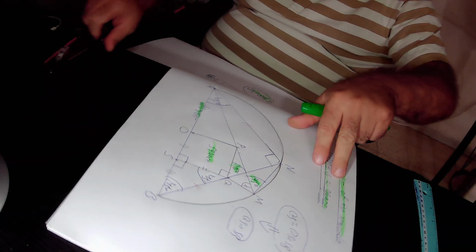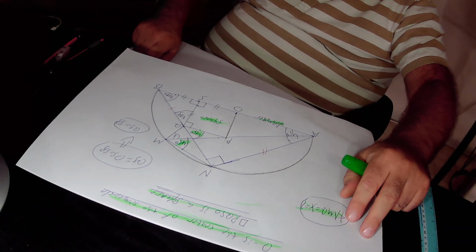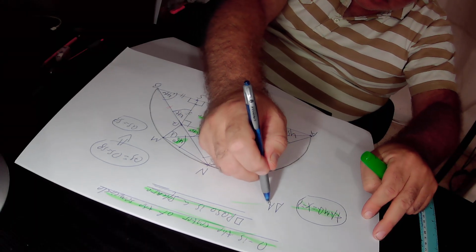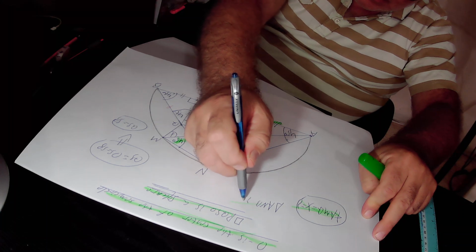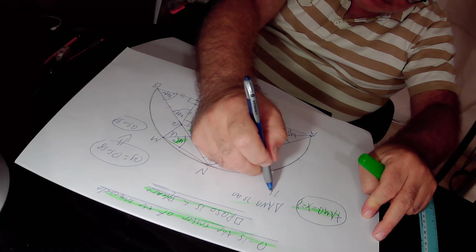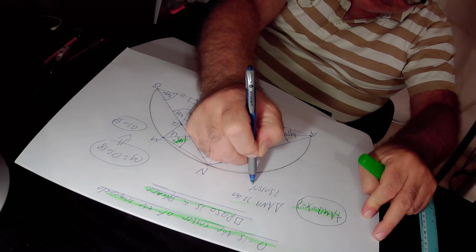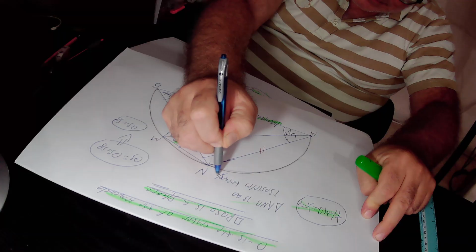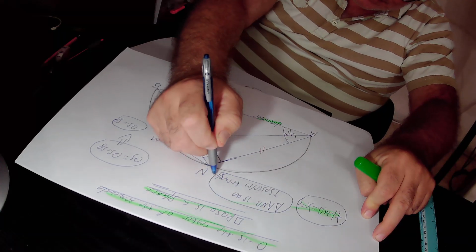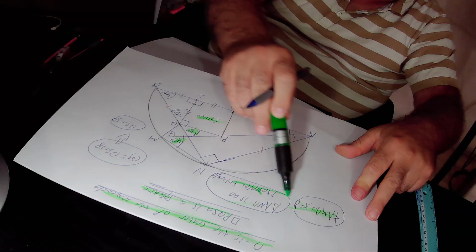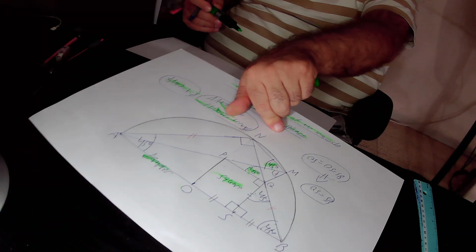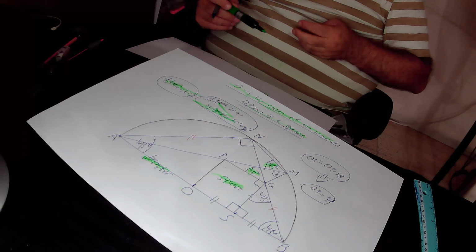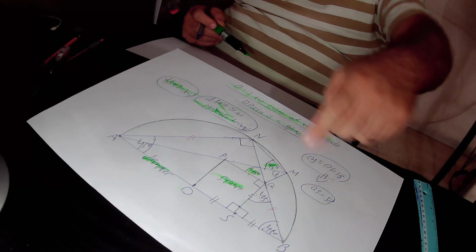Triangle ANB is an isosceles triangle. And the base of this isosceles triangle, triangle ANB, is AB. Again, AB is the base of the isosceles triangle ANB.